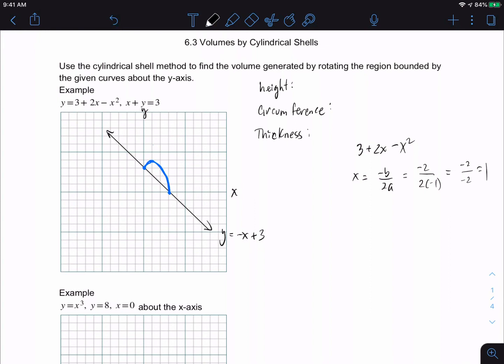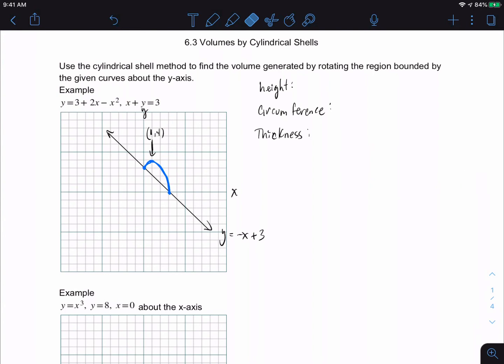When I plug 1 into this, I get a value of 4. And so the vertex occurs here at 1, 4. Are you guys okay with that? Okay, cool.